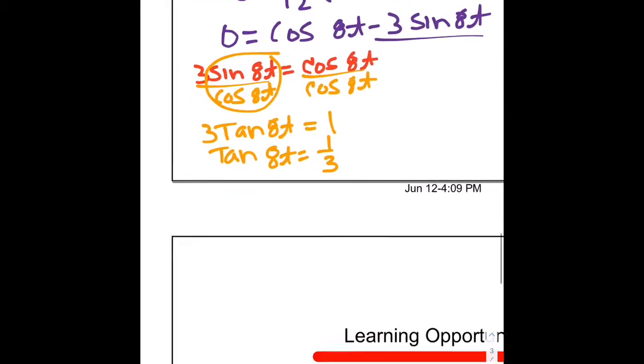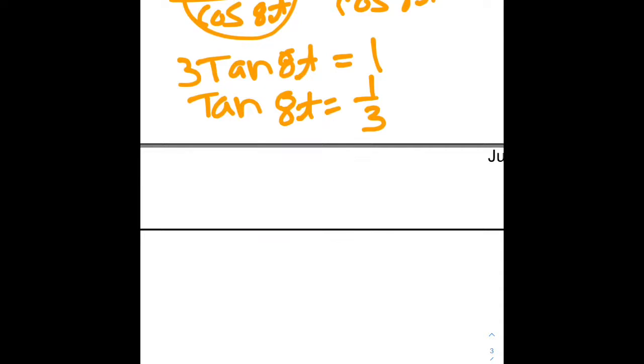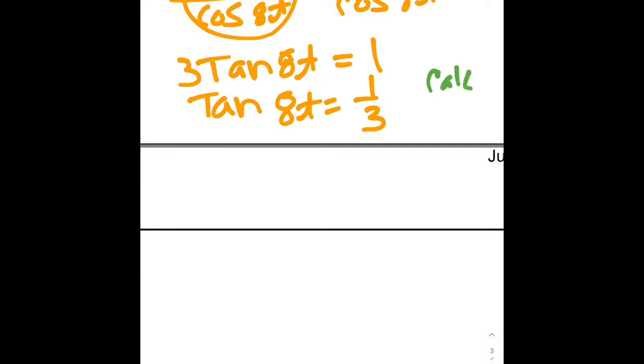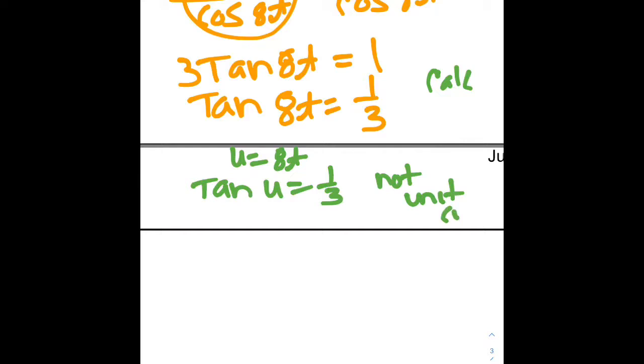And we are just going to treat this like any other multiple angle problem. The difference is we are going to have to use our calculator in order to solve. If I let u be 8t, then the tangent of u is equal to 1/3. This is not on the unit circle. So in order to solve, I'm going to have to take an inverse tan of both sides.